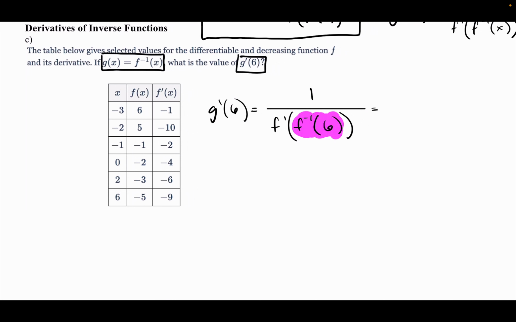That's not x, this is y now, because it's inverse. F of 6 means x. F inverse, this is where people get thrown off. This is a big, big one, because they don't know what this means. So where is y equal to 6? Negative 3, right? So this guy is equal to negative 3.